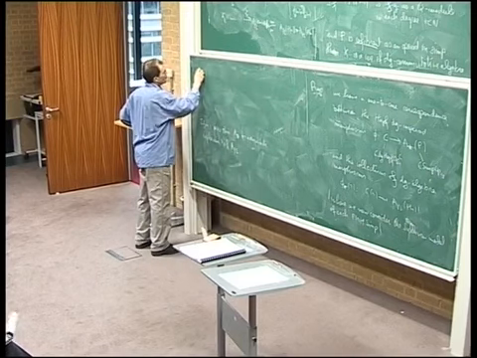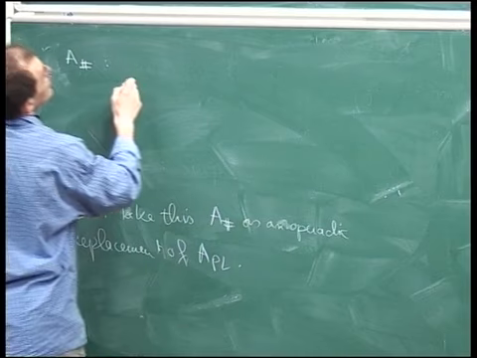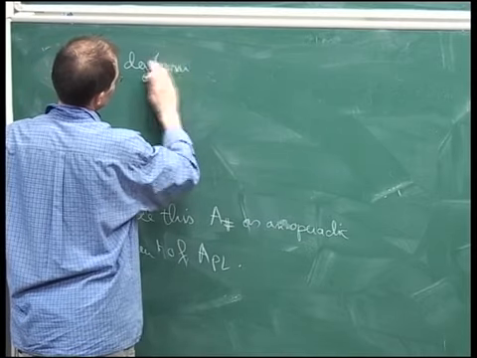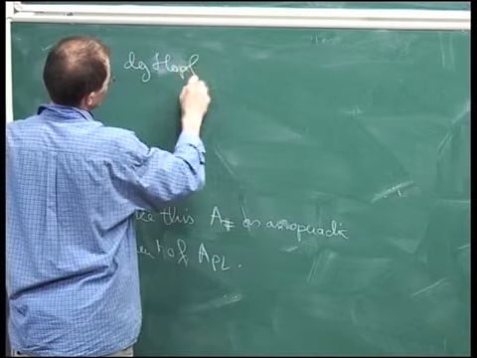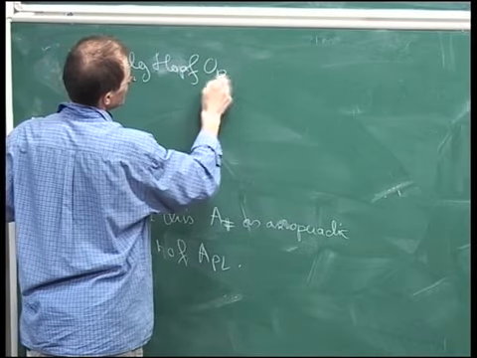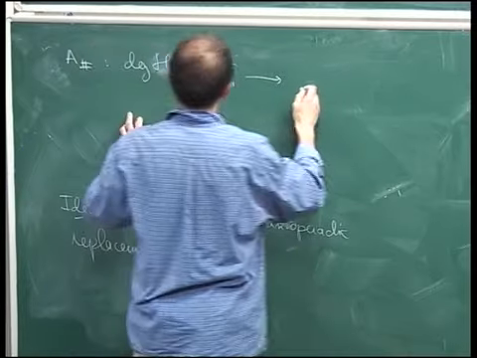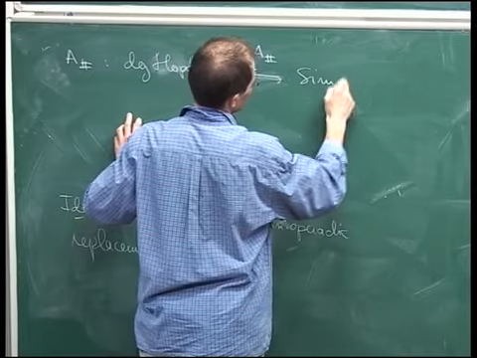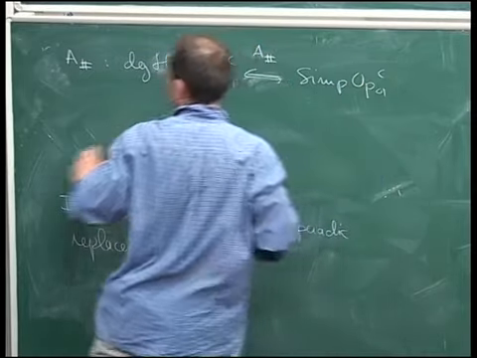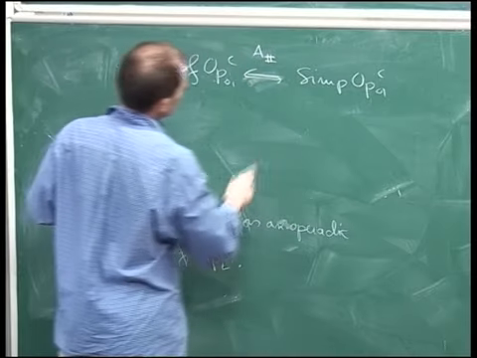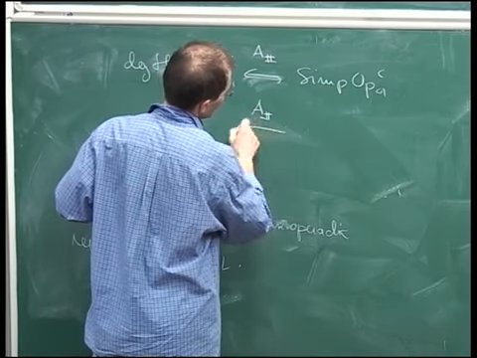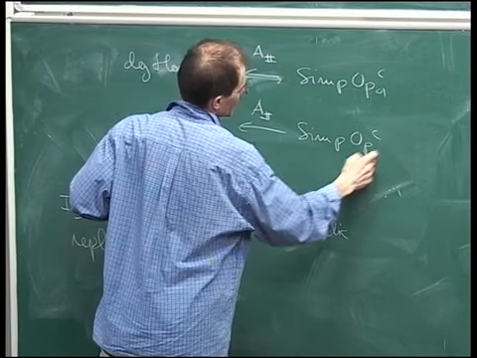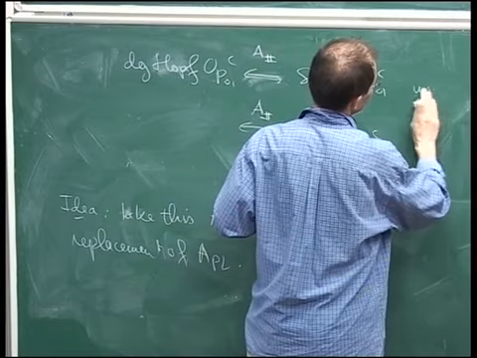So I have this A sharp, which is the functor from DG cooperads, oops, sorry, that's the other way around. From simplicial operads to DG cooperads. And I have an analogous functor, so this is the upgrade of APL.